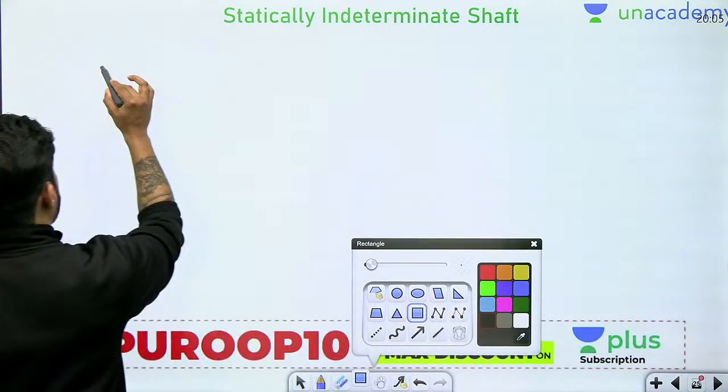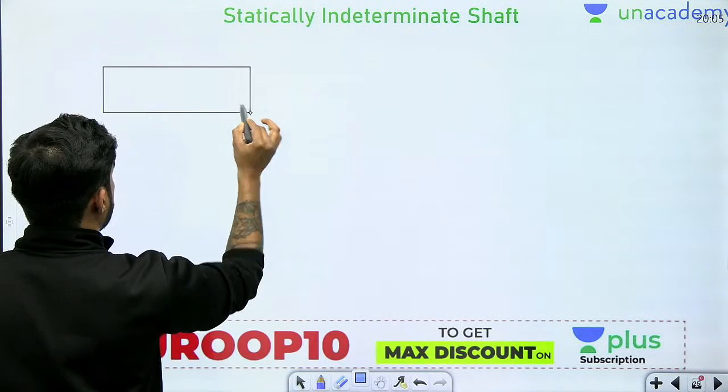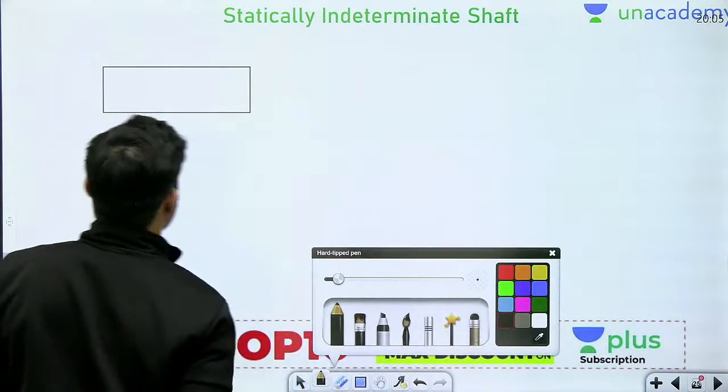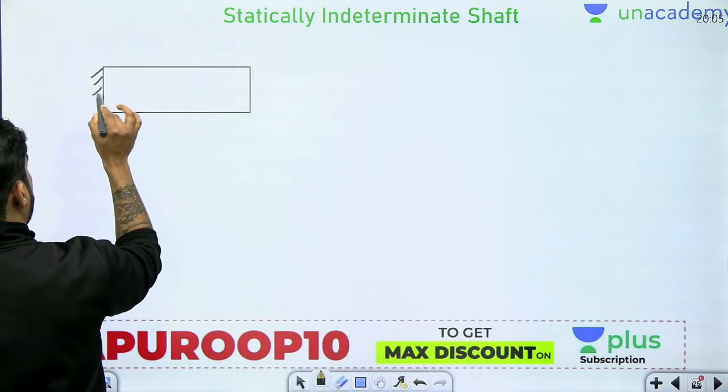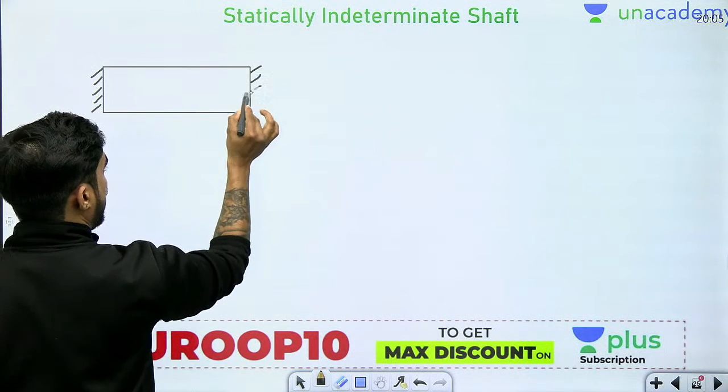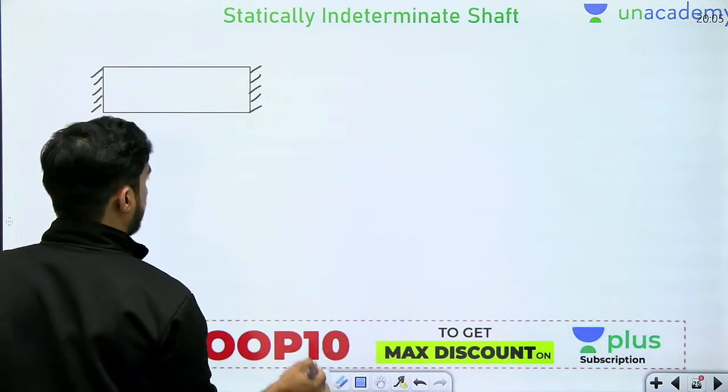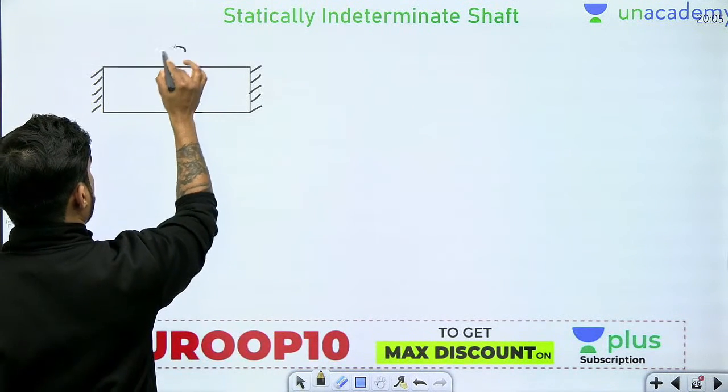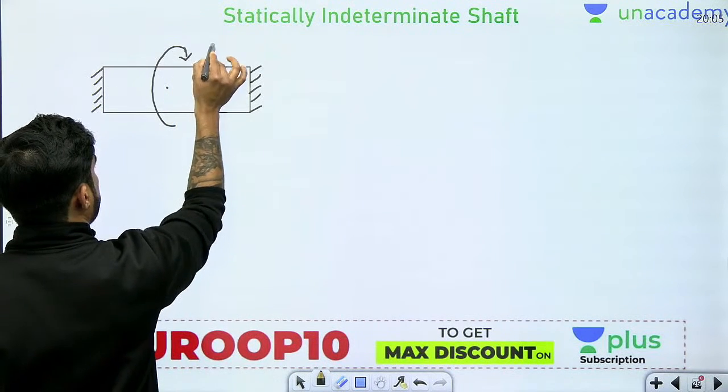Let's say that we have a shaft which is fixed at both the ends. ठीक है, इस shaft को दोनों ends पे हमने fix कर दिया है, and now we are applying a torque in between the ends.